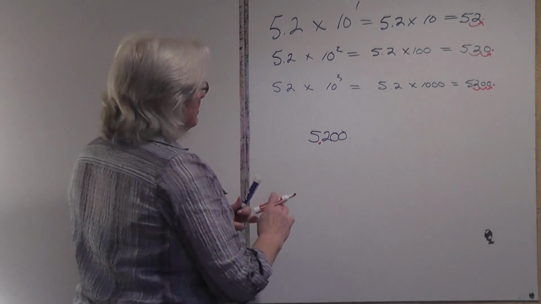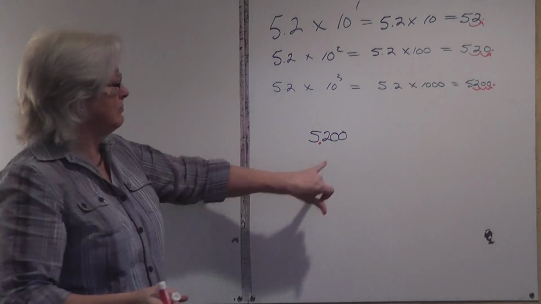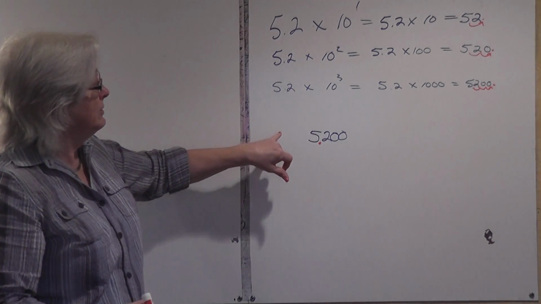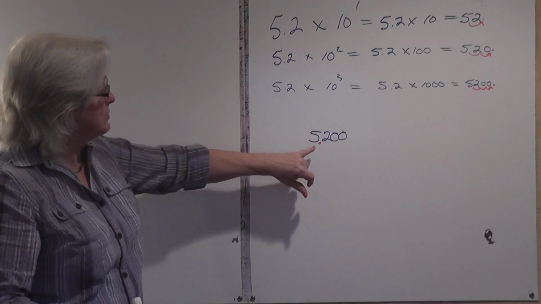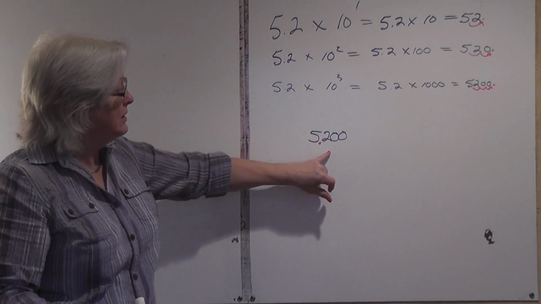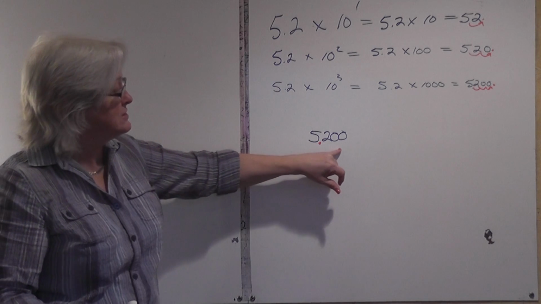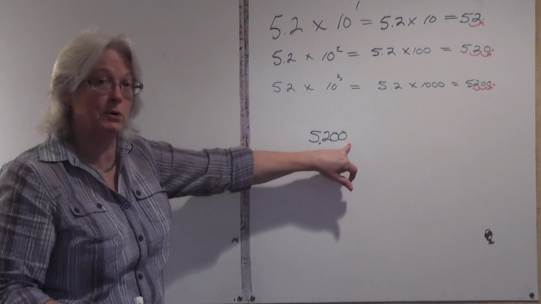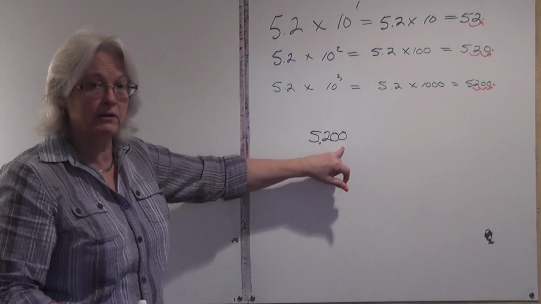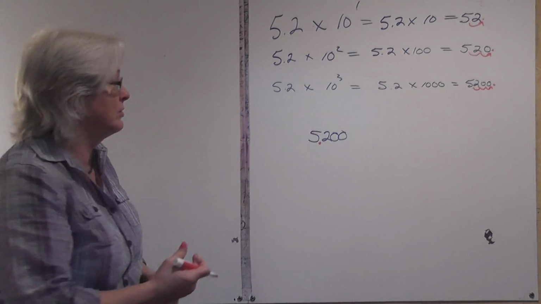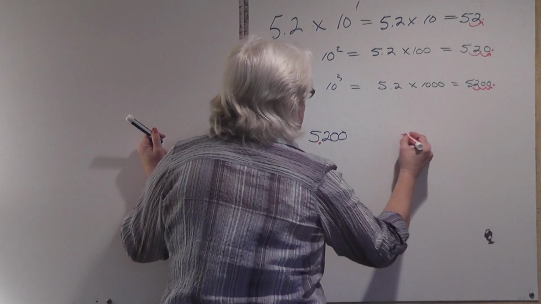So we've now relocated our decimal point. And what we're going to do now is we're going to multiply by the power of 10. That shows us how many places we have to move this decimal to the right to get back to the number that we wanted to be defining or describing using scientific notation.